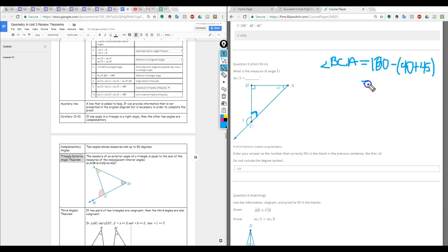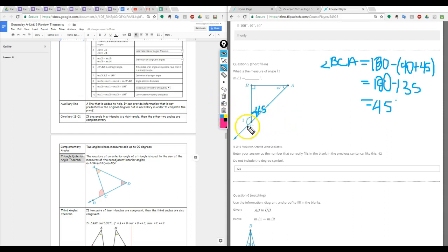So then we have 180 minus 135, which equals 45 degrees. So then we knew that this angle would be 45 degrees.